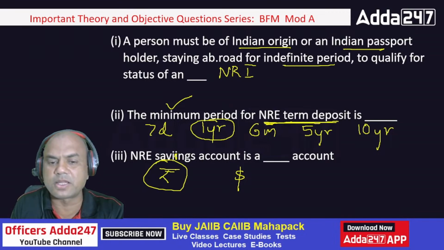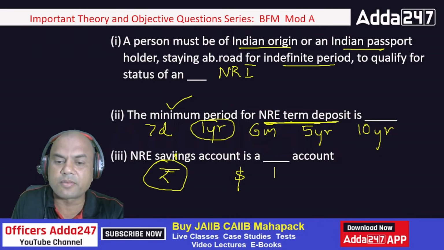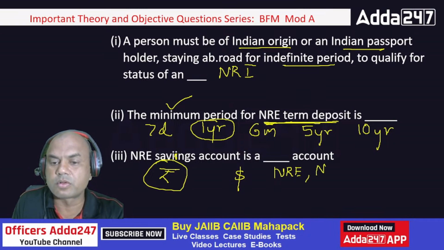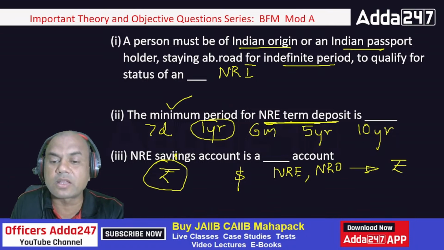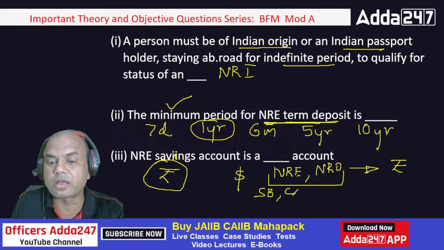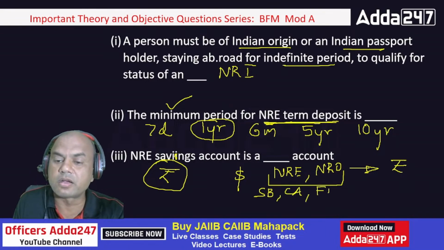I'll give you some explanation for this. NRE, NRO. These are both rupee accounts. They have to be maintained in rupee. NRE, NRO can be savings, can be current, can be FD, term deposit.